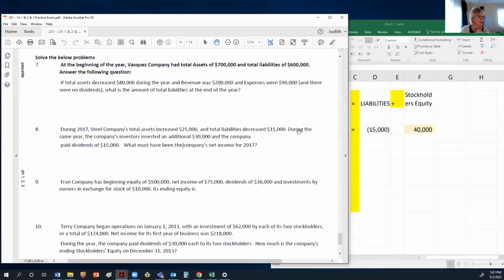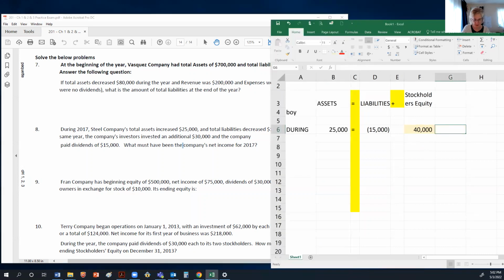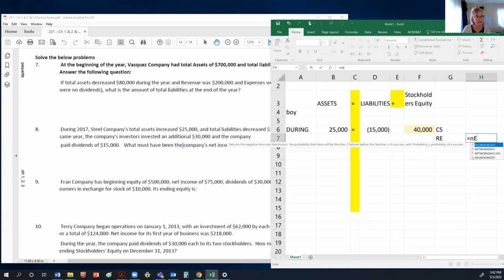And so then they're saying during the year, the total change in stockholders' equity was 40,000. What goes into stockholders' equity? That can be common stock. That can be retained earnings. And what goes into retained earnings is going to be plus net income.